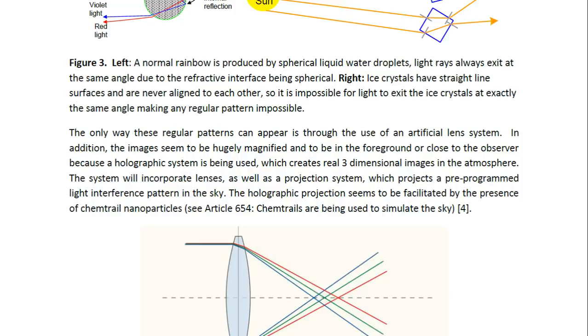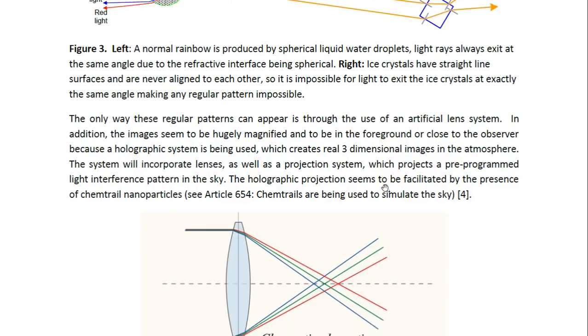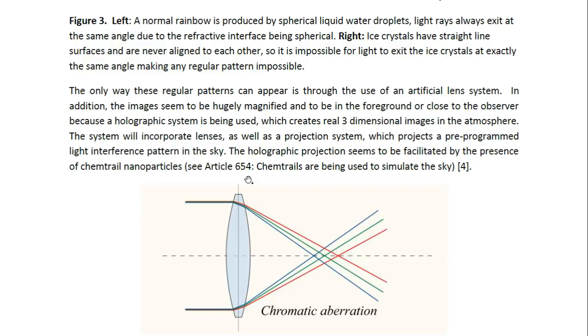The system will incorporate lenses as well as a projection system which projects a pre-programmed light interference pattern in the sky. The holographic projection seems to be facilitated by the presence of chemtrail nanoparticles. And you may look at article 654 entitled Chemtrails Are Being Used to Simulate the Sky.